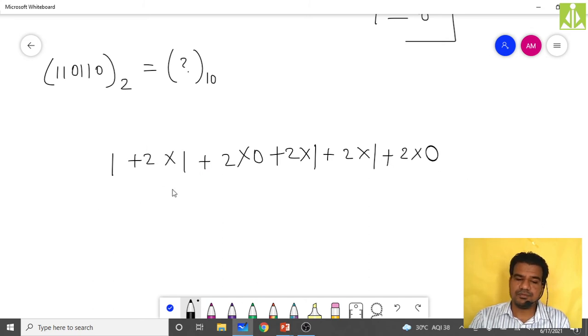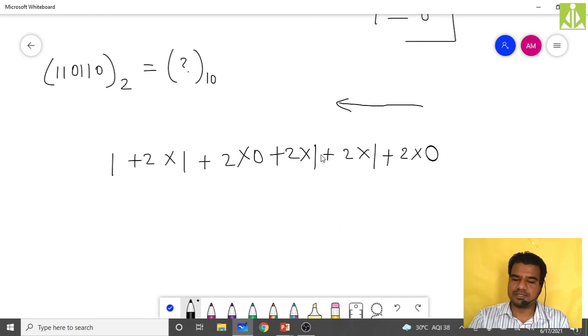Then from the right hand move towards the left hand. In this direction you have to move. Okay, and start giving the powers to this 2 that we have written over here.